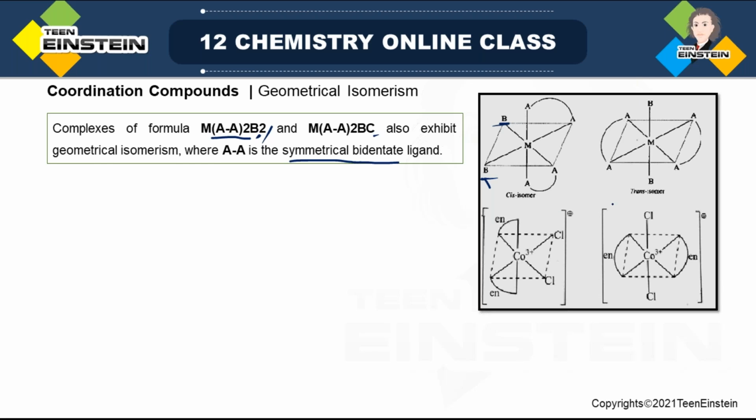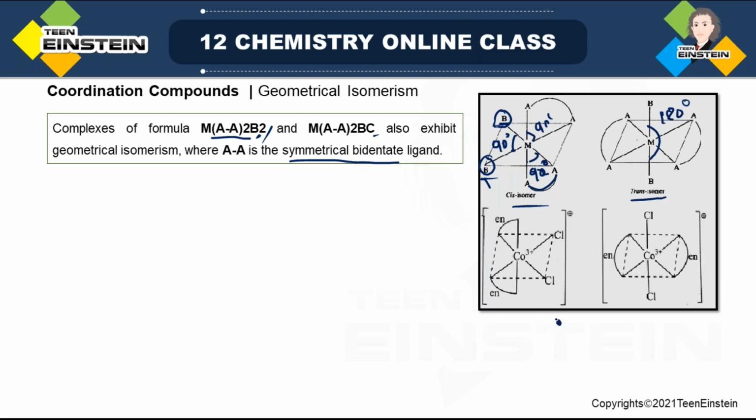So what type of isomerism are we getting here? See, the symmetric ligand will always be at 90 degrees, as I have said, because the length between the two coordination sites is not so high that it can take a 180-degree arrangement. But you have to focus on the arrangement of B. In one case the B's have a 90-degree angle between them, but in the other it is a 180-degree angle, so that is trans.